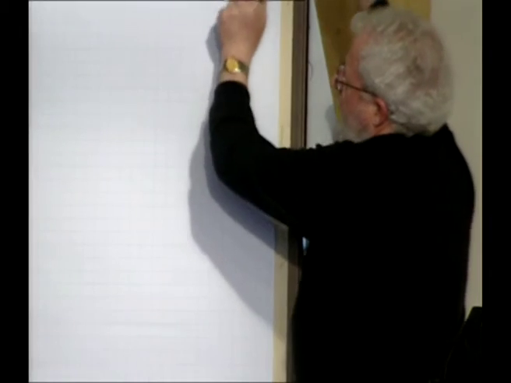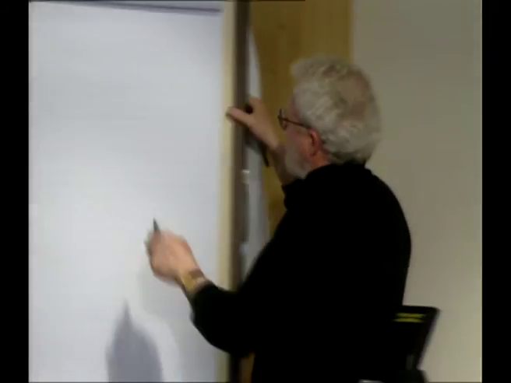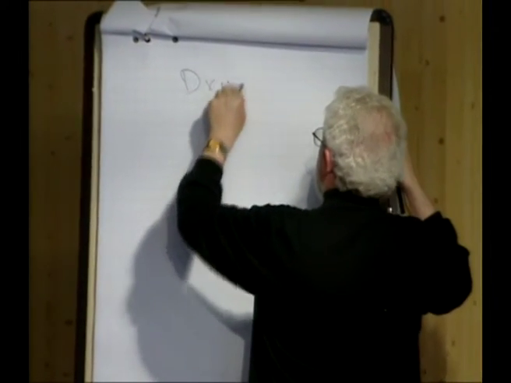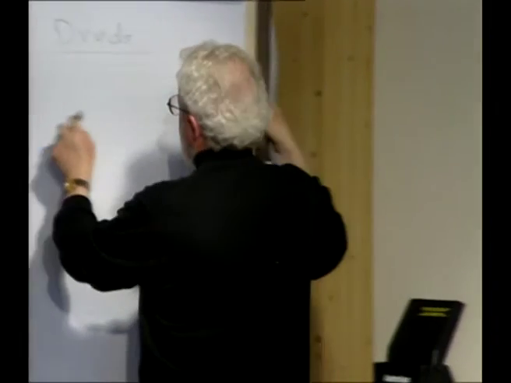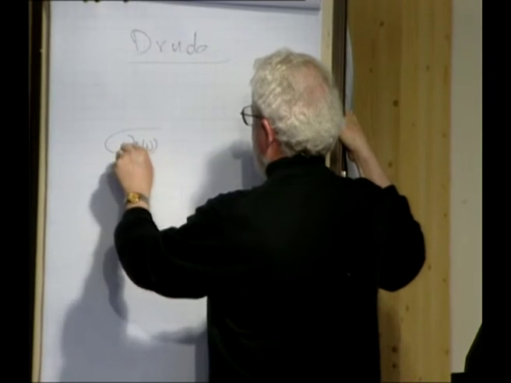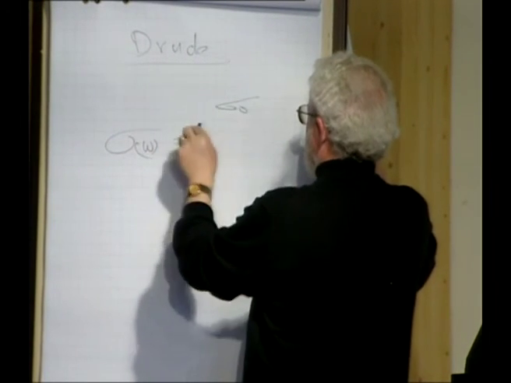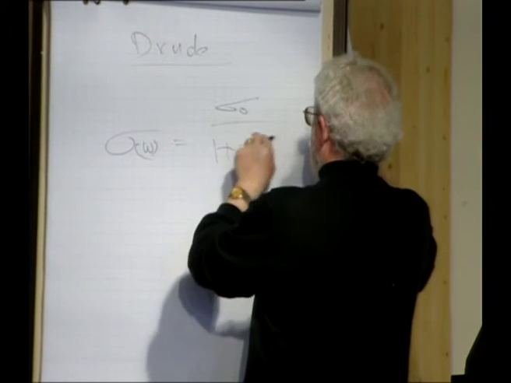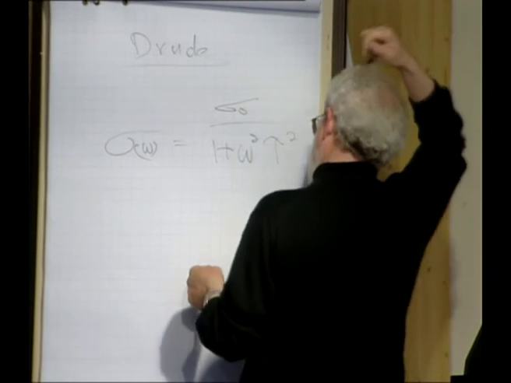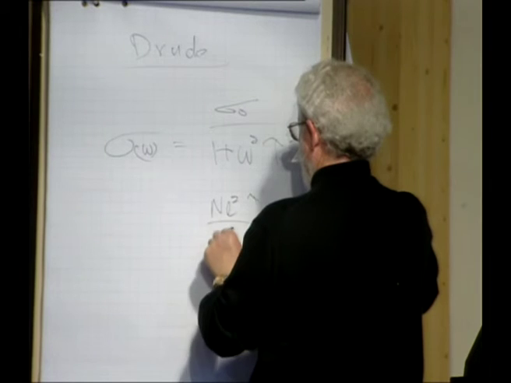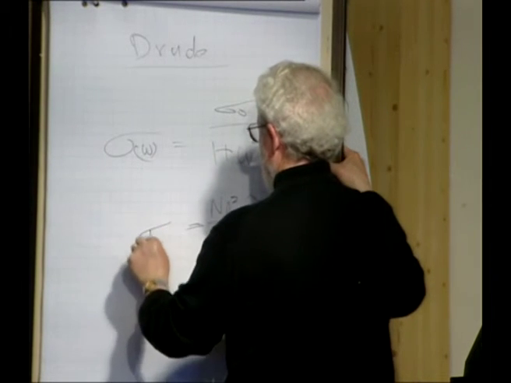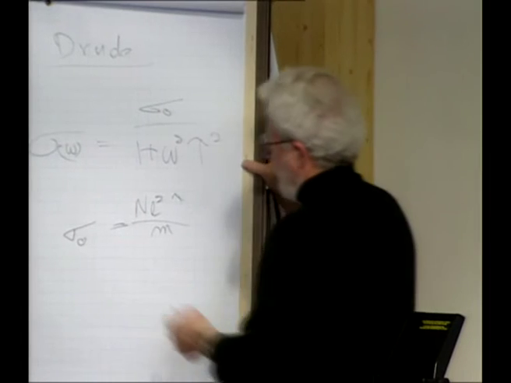Well, let's go back to what we know about simple metals. In the last part of the 19th century, Drude worked out the frequency-dependent conductivity, and you know the answer. For a simple metal, the frequency-dependent conductivity goes like some constant over 1 plus omega squared tau squared, where this constant is Ne squared tau over m.